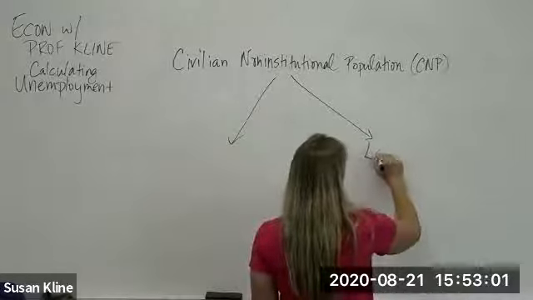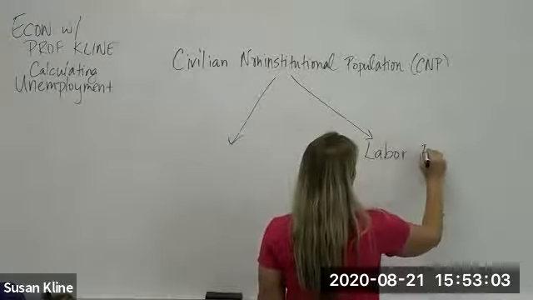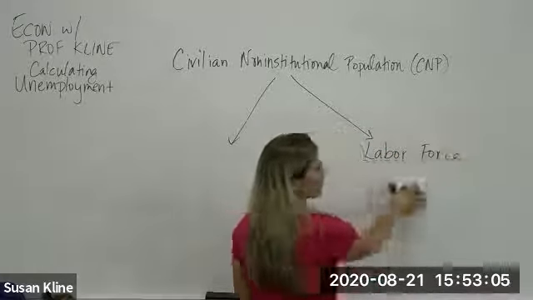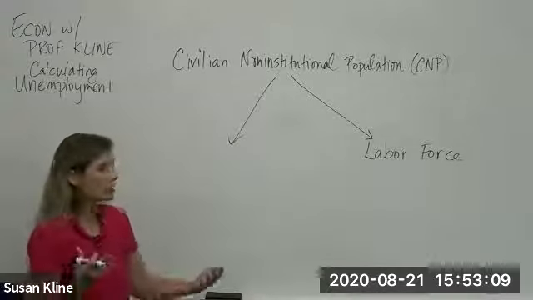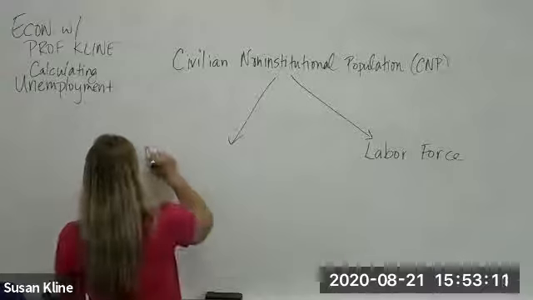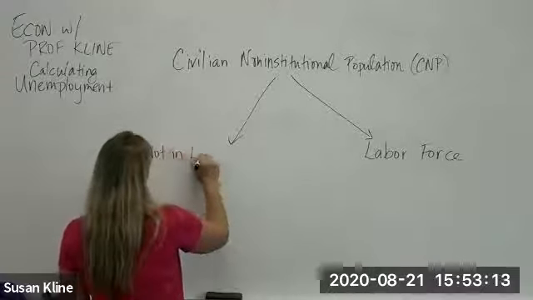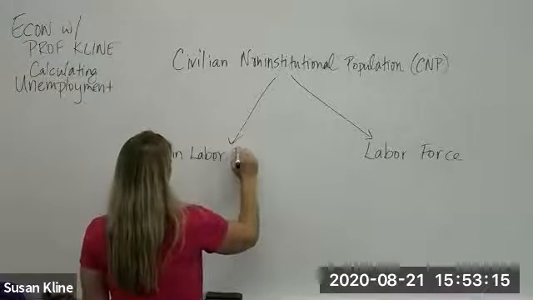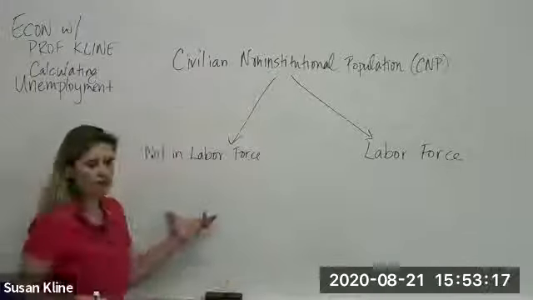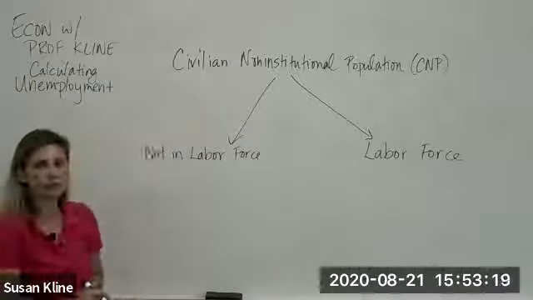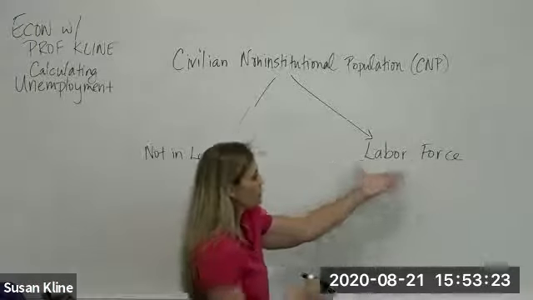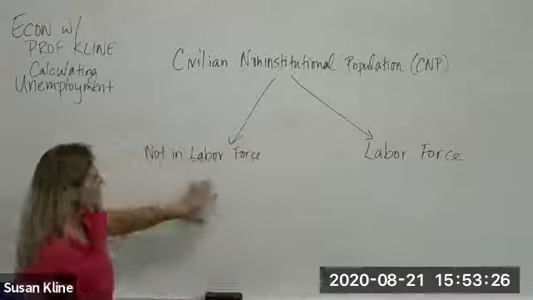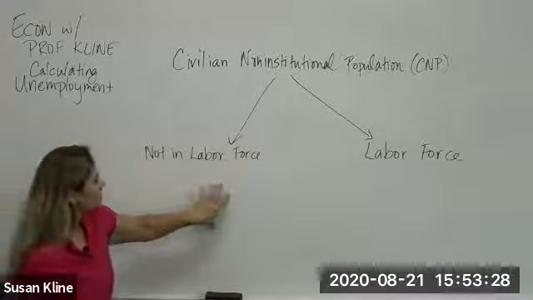You are either in the labor force, and we'll talk about there are two options there, or because we're economists and not English majors, not in the labor force. That's it. So if you're in the civilian non-institutional population, we then classify you as either in the labor force or not in the labor force. We're going to come back to not in the labor force here in just a minute.